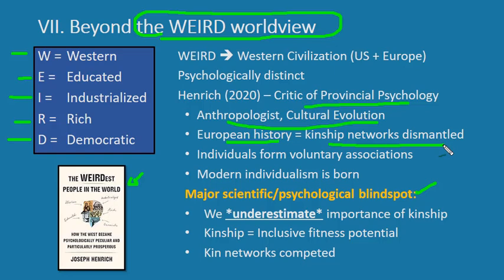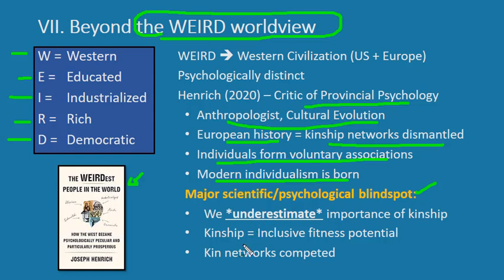It's kind of a quirky story, but basically the Catholic Church in many ways undermined kinship networks by preventing cousin marriage and other kinds of close kin marriages. And in essence, it promoted instead these voluntary associations. And Henrich is arguing with lots of great data that this really is the birthplace of modern individualism, where we tend to think of ourselves as individuals first and like members of any kind of tribe second.